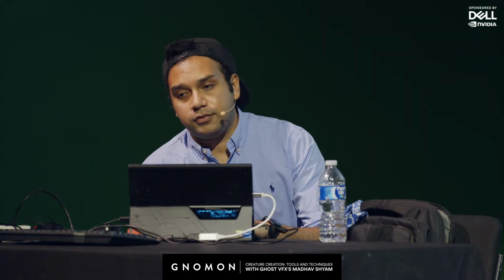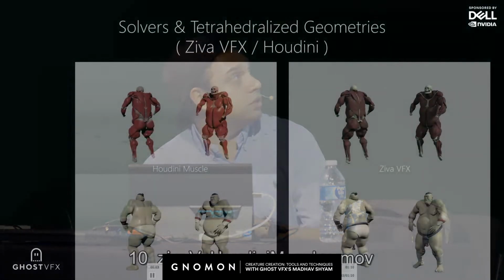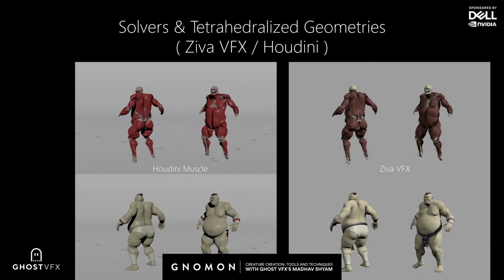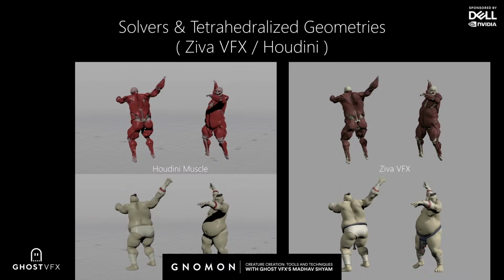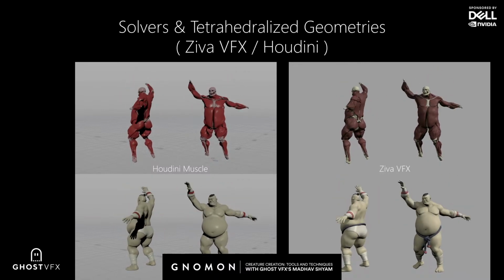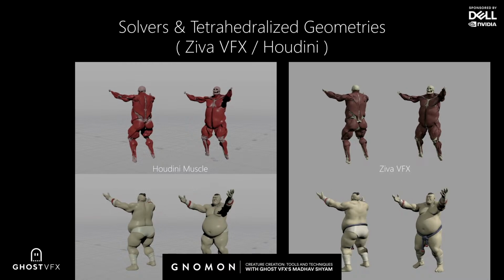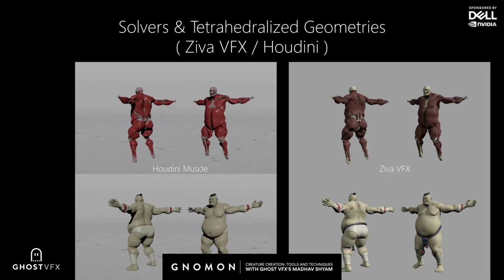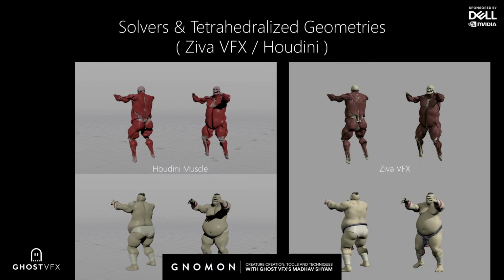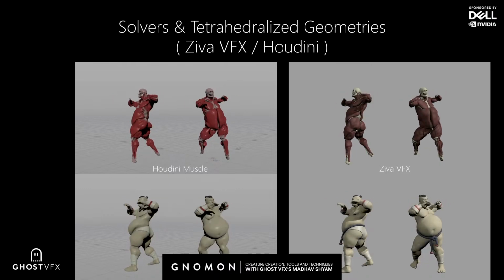And so I have a version with Ziva on the right and with Houdini muscle on the left. Both the setups took maybe a total of 2 to 3 days to make. So it's relatively quick. But what I like about this is that, of course, Ziva is something that's not publicly available anymore. Some of the studios still have it, but if you want to get a new license, it's kind of hard.